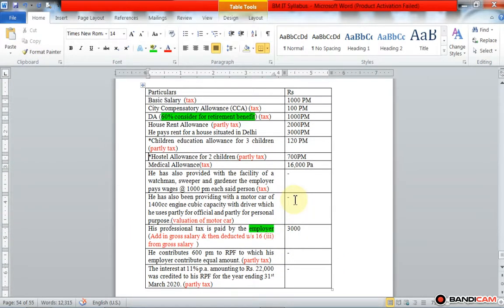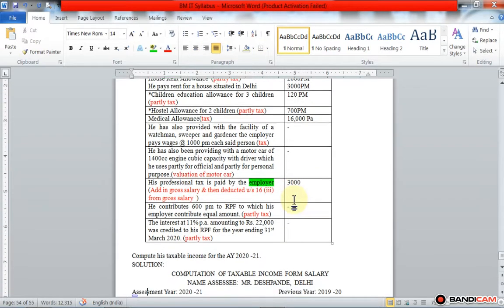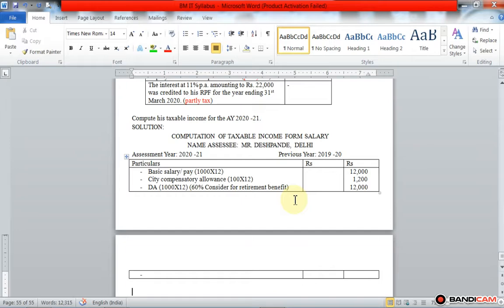Then next is house rent allowance, which is important. First of all, the actual house rent allowance received.